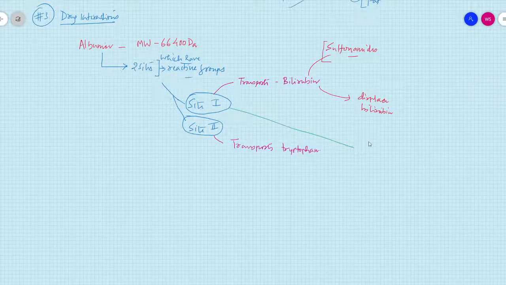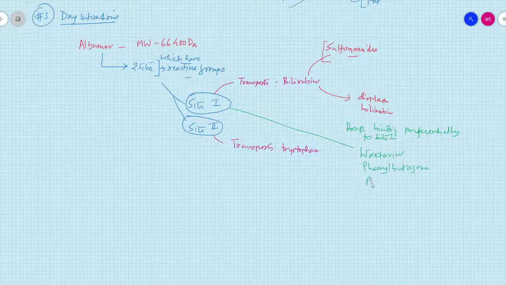The drugs binding preferentially to site 1 are warfarin, phenylbutazone, phenytoin, valproic acid. Okay, so the anti-epileptic drugs, and sulfonamides we mentioned here.